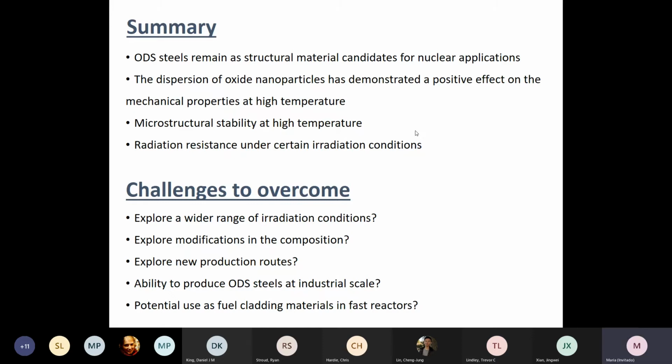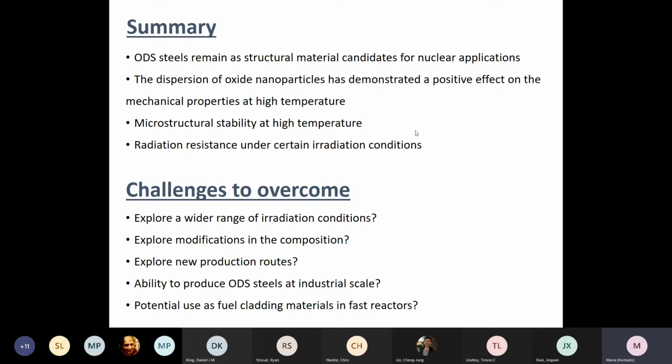Up to tens of kilos can be produced, but what if we need tons of it? Is it scalable? How are we going to do it? Is there any company interested in going for it? It's still a question. That's why I set all of them as questions.